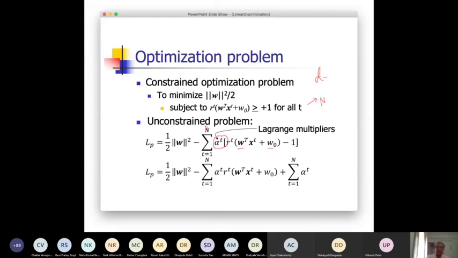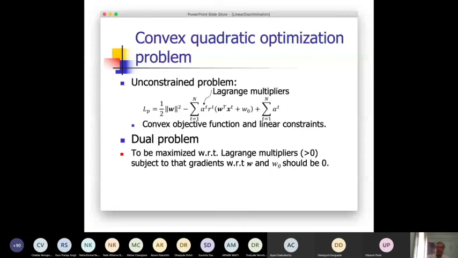In the other form, we can make a dual form, in which we maximize with respect to the Lagrange multipliers, subject to the gradient with respect to W and W naught being 0. It looks the other way. In the previous case, it was also like that: minimization with respect to W, and also subject to the gradient with respect to all those alpha satisfying that condition.